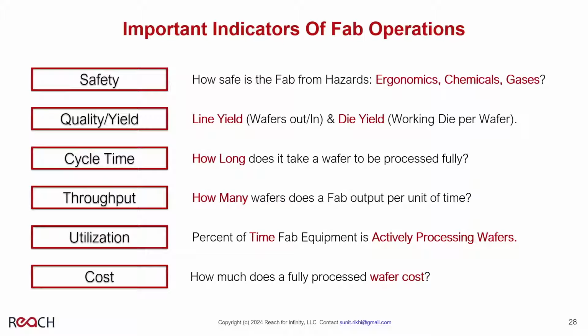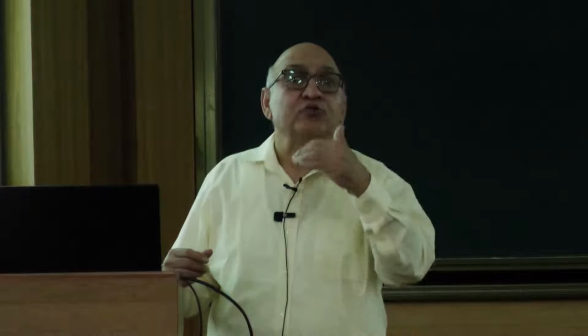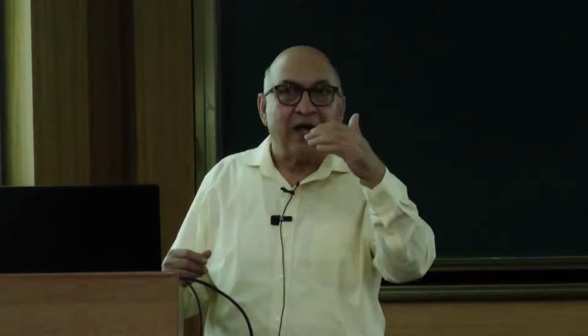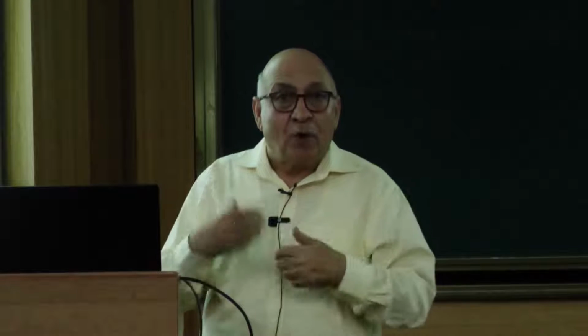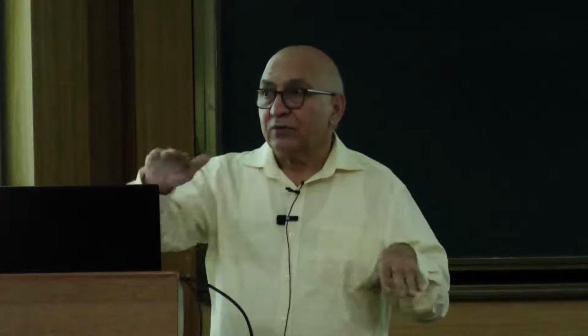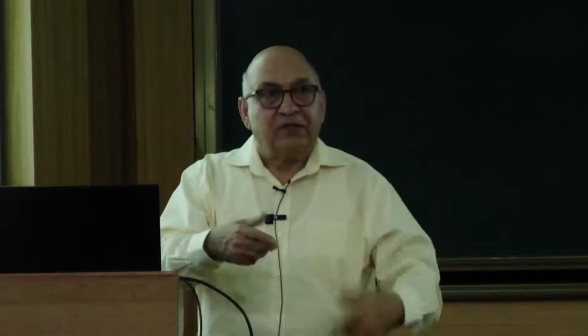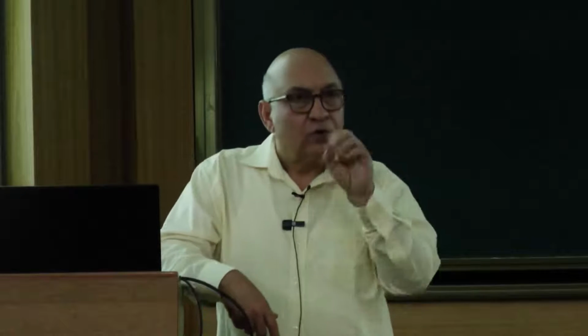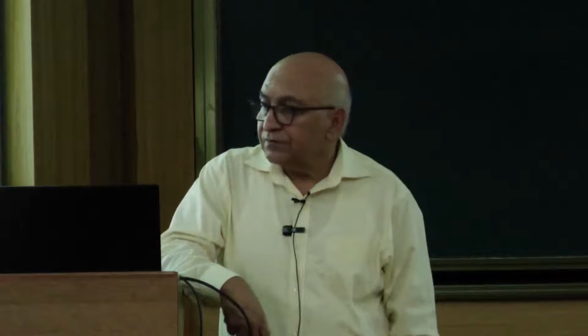Throughput: if the fab is equipped for 50,000 wafers per month, your throughput approaches that as close as you can, but there are operational reasons why you may not. One fab may only reach 40,000 and another fab can reach 48,000, and it makes a huge difference in the actual capacity of the fab.